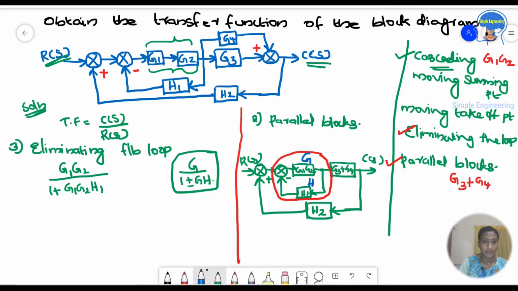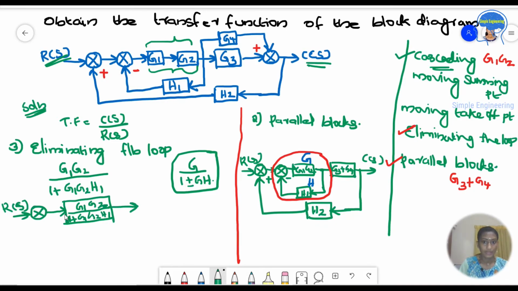So our diagram will change again. Here you have the summing point and R of S is the input. This portion is replaced as G1 G2 by 1 plus G1 G2 H1.